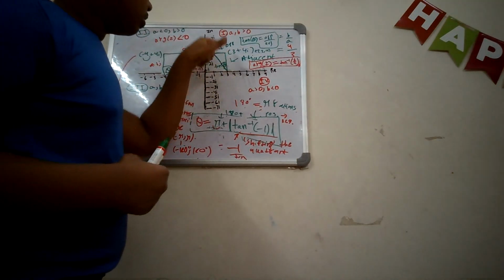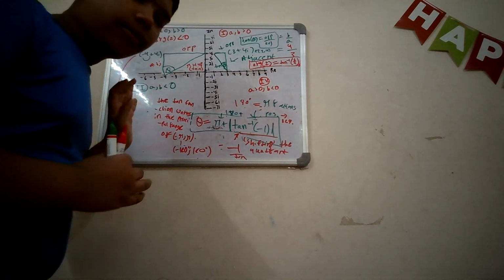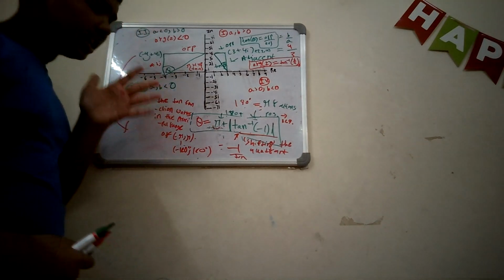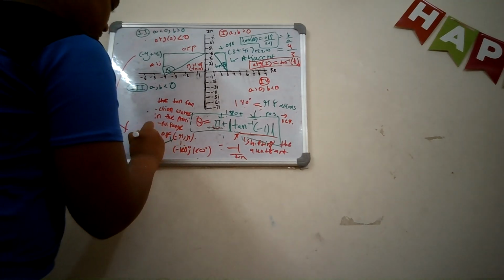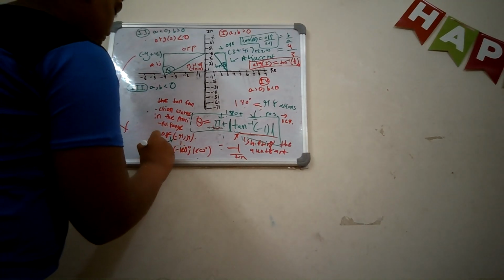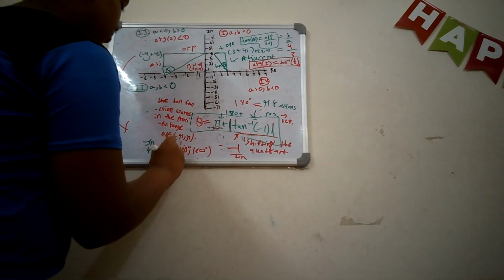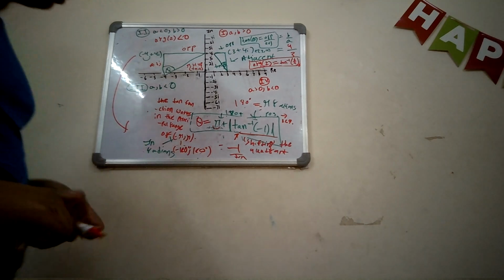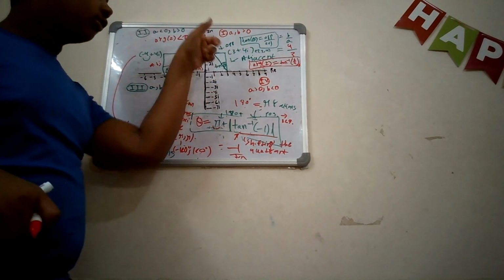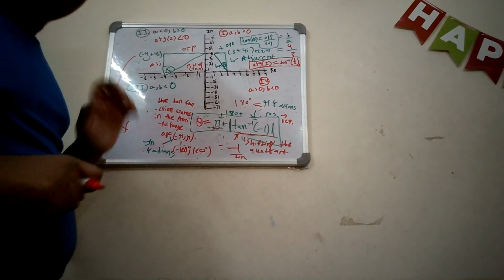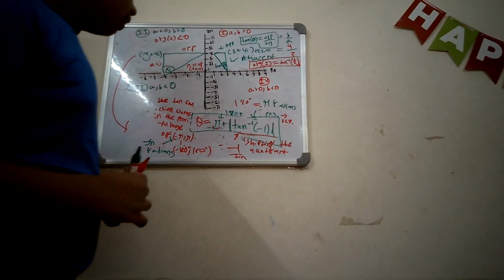Because in this case, the tan function will work between the range of negative pi and pi in radians. This is in radians. But yes, this is in degrees. Okay, and you don't have to put a modulus for quadrants 1 and 4. Okay, just remember that.